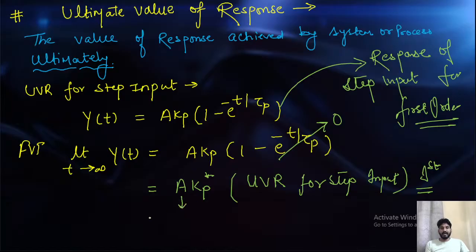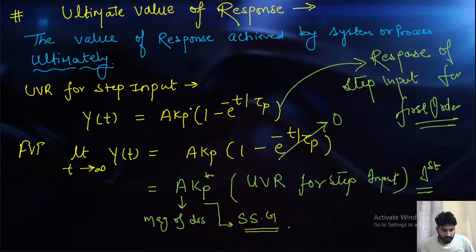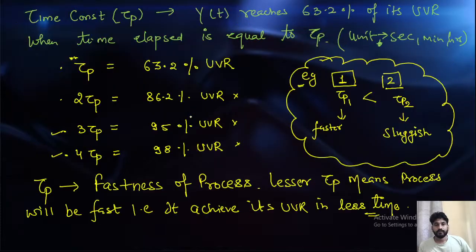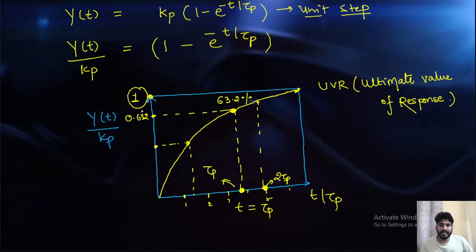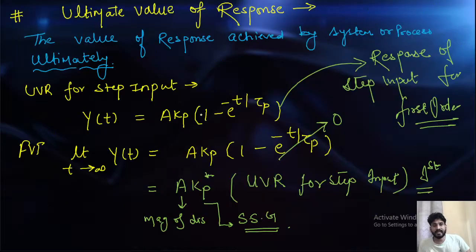Where A is my magnitude of the disturbance and KP will be my steady state gain. Okay. So if I draw this kind of diagram for this, then I can write this.